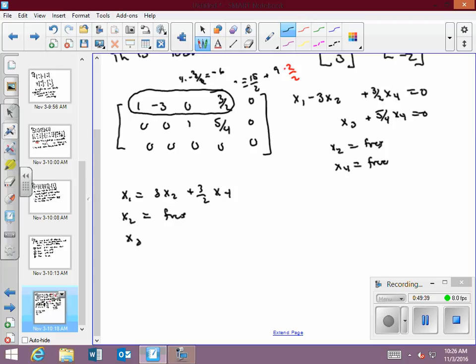x3, well, what I'm going to do is this way. x3 is x3. x2 is x2. x3 is a negative 5/4 x4, and x4 is x4.